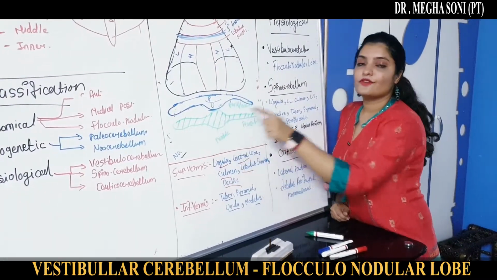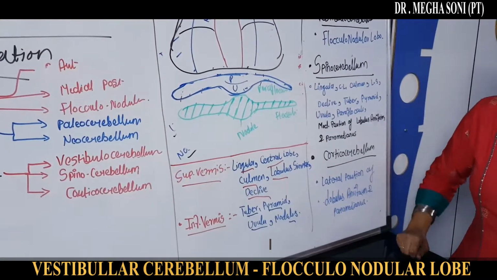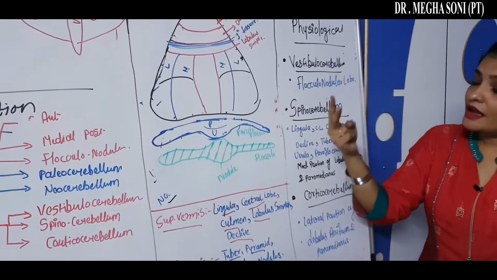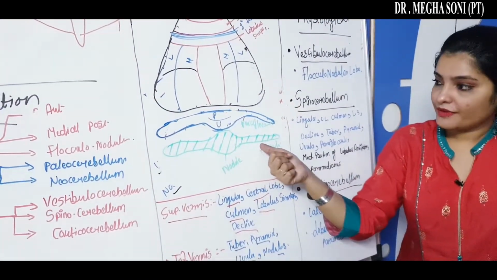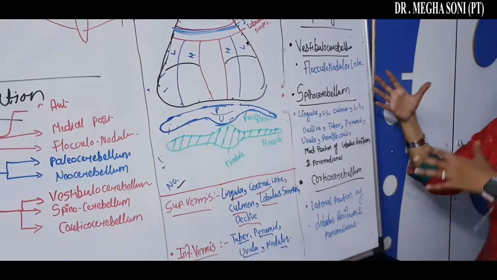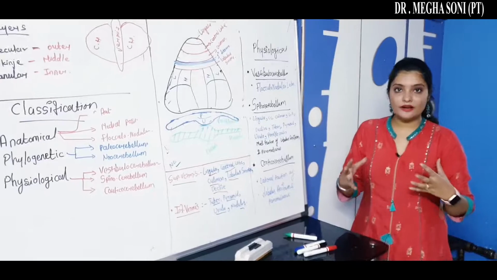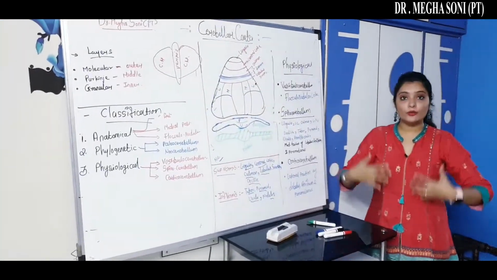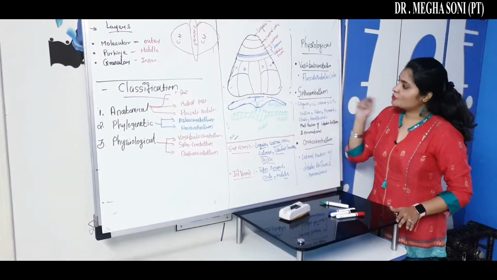We consider this lobe as vestibulocerebellum, also called archicerebellum. Its fibers are connected with the vestibular nuclei of the medulla oblongata and are responsible for equilibrium or maintenance of our balance.